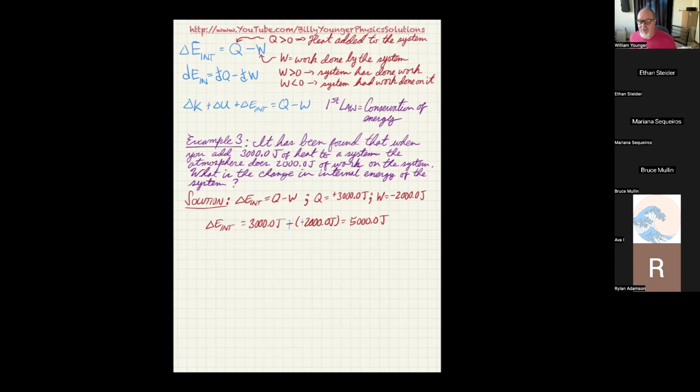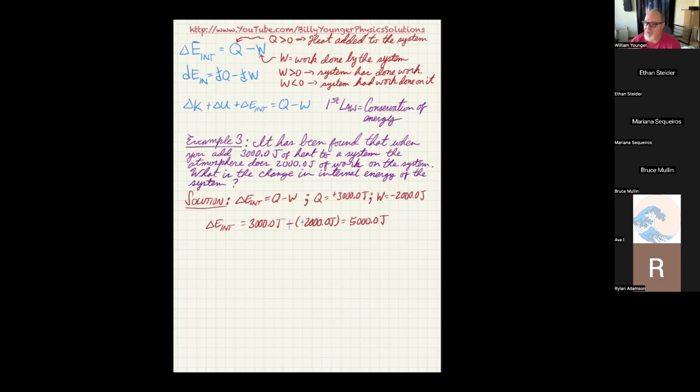Now, additionally, it said 2,000 joules of work was done by the atmosphere. So you can imagine, for instance, the system might be a little bit of gas in a cylinder. And then on top of the cylinder is a piston. And the atmosphere, once we added that heat, somehow the atmosphere pressed down on that piston and did work on it. That work would be PDV, is what we're ultimately going to learn. We haven't learned it yet, but we will learn it.